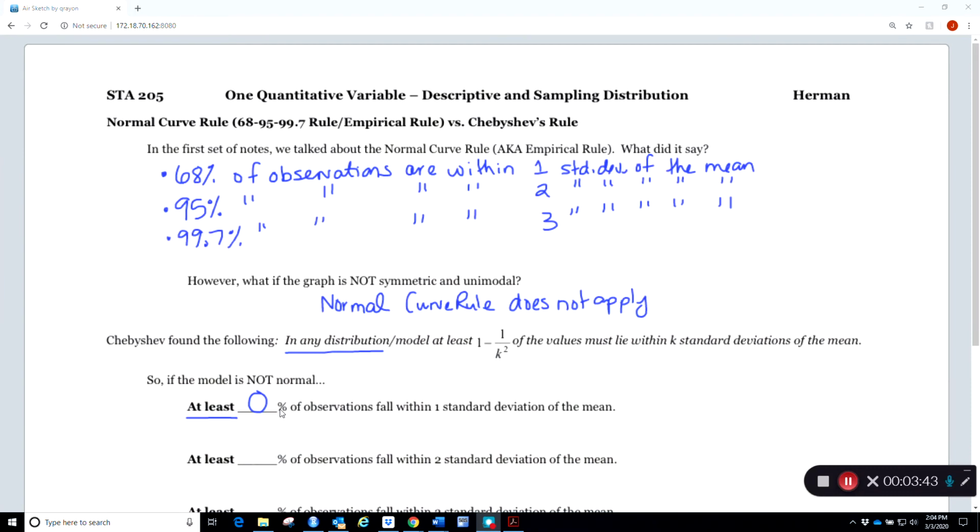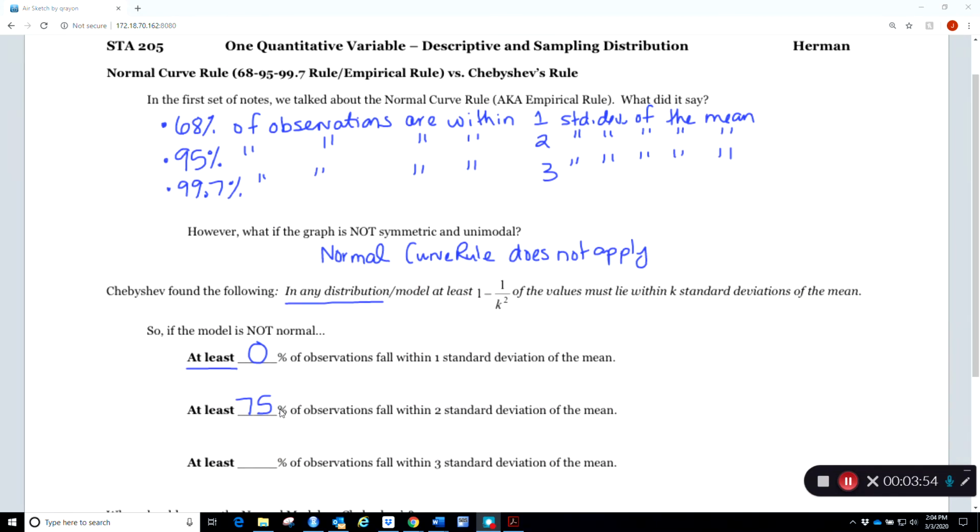When we plug in a k of 2, or we go out 2 standard deviations from the mean, we'll find that at least 75% of the observations will fall within 2 standard deviations. And then finally, though this one's not quite exact, I'm making it an easier number for you all to remember. That's about at least 90% of observations will fall within 3 standard deviations of the mean.